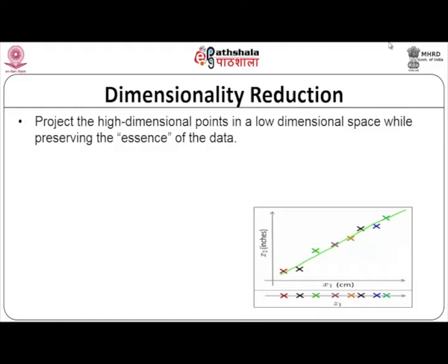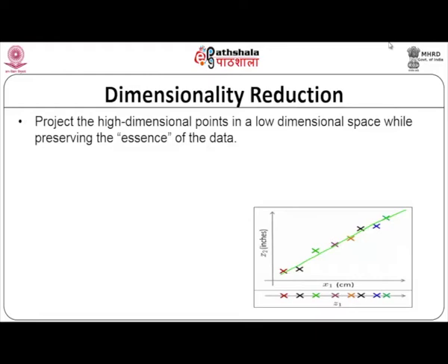But the other problem was, as d increases, the number of samples required also increases, and for it to be as dense as it is in the lower dimension, you need it to be n to the power of d. So, in both cases the complexity increases, and that is why it is called the curse of dimensionality. Okay. With the same number of samples, increasing the dimension does not give you much information.